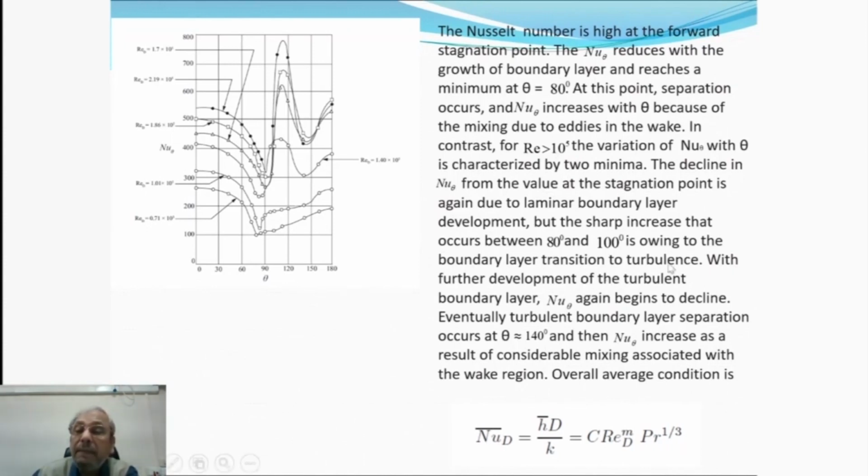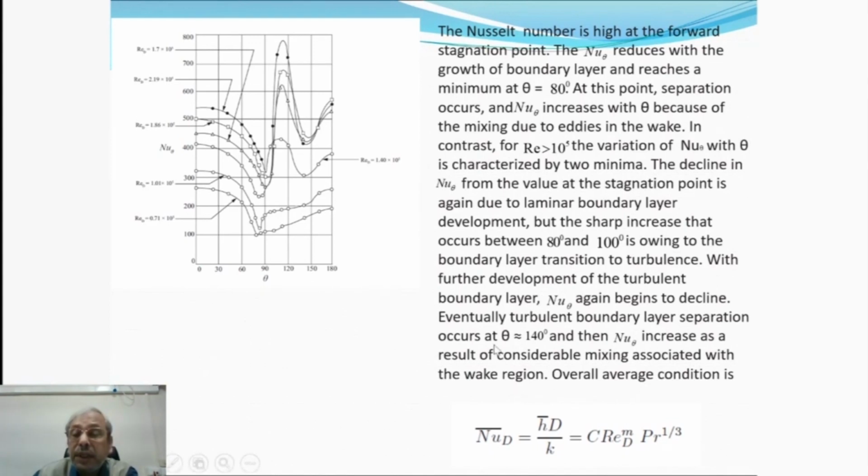So with the further development of the turbulent boundary layer, Nu theta again begins to decline. Eventually, the turbulent boundary layer separates around theta equal to 140 degrees, very close to the rearward stagnation point.